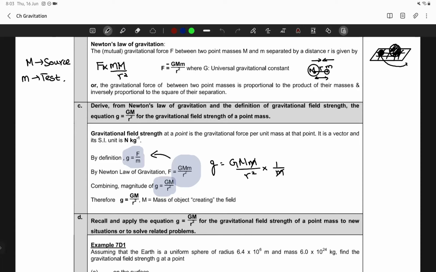Yes, sir. But the only thing that was not clear was why do we include the negative sign? Oh, okay, I got your point, so I'll clear that up. For example, I have these two bodies, and there is going to be an attractive force between them due to the gravitational field.